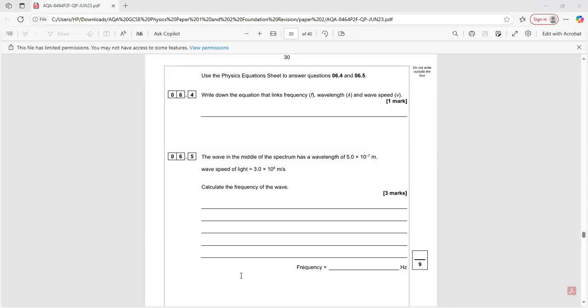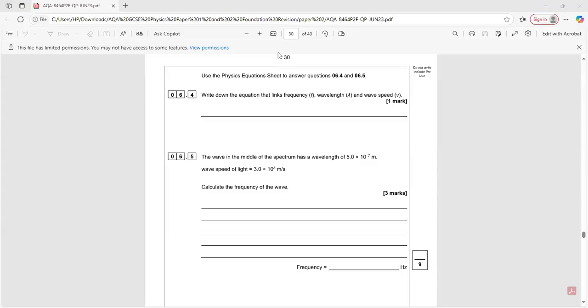Write down the equation that links frequency, wavelength, and wave speed. I think it's V equals F times wavelength. Okay, so that's the formula that links it.